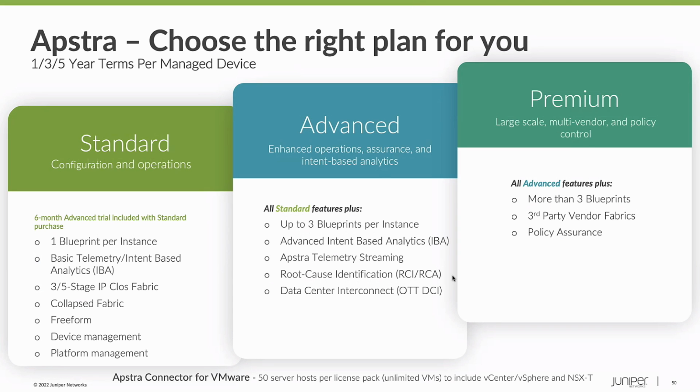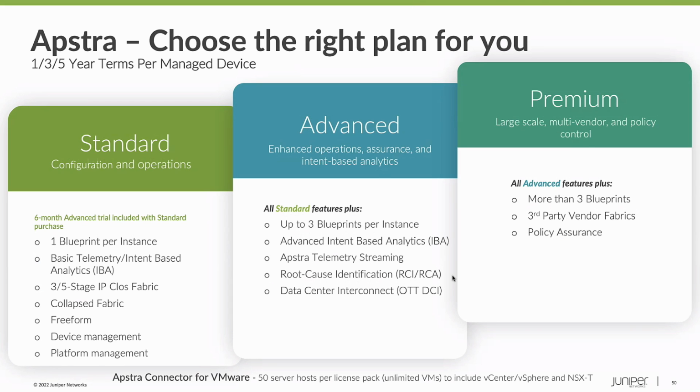But what we're doing in this standard tier is giving you a 6-month free trial of all the advanced stuff. So if you're doing Juniper hardware, if you want to get Apstra in-house to see if it can help you, we're considering this sort of an extended trial. And even if you stay on standard, which by the way is roughly 2% of the cost of a switch street price, so pretty low cost, a really low point of entry, it does add some value.